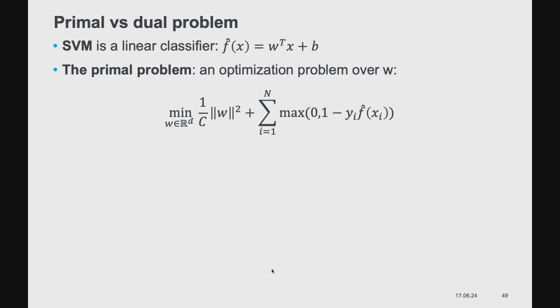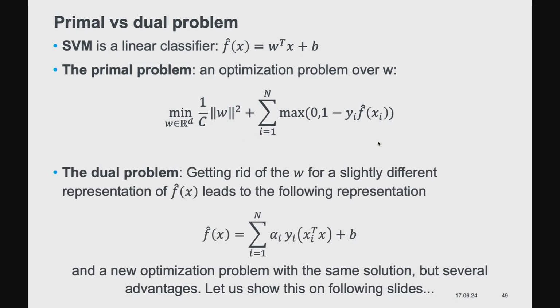Okay, so we have our support vector machine as a linear classifier, again defined by w transpose x plus b. And this has led to the primal problem. And you have now seen these primal problems on several slides. So no surprise, the primal problem is that you look for the minimum of this vector w in some d-dimensional space, w squared, which is our regularization, plus our hinge loss.